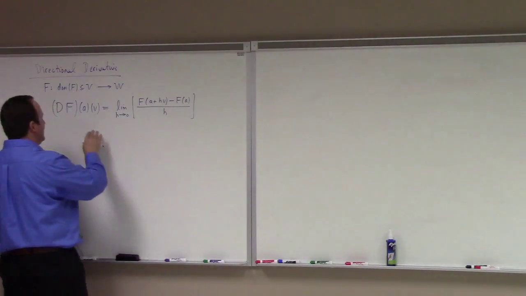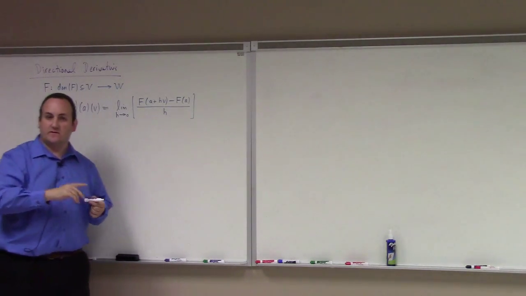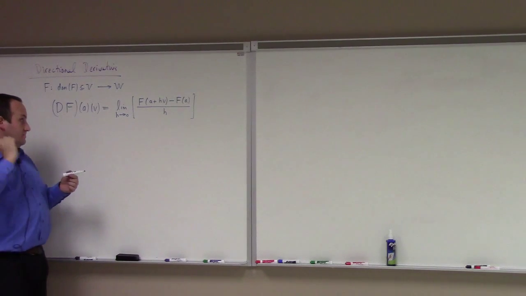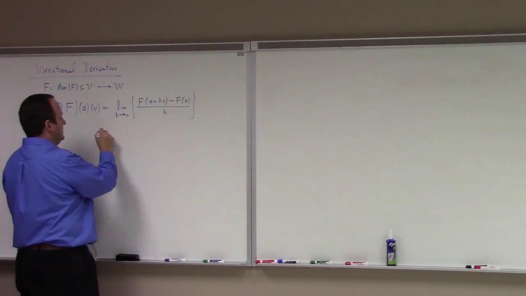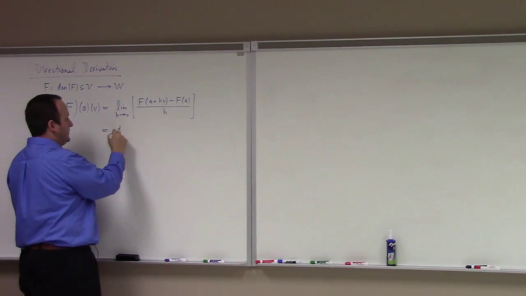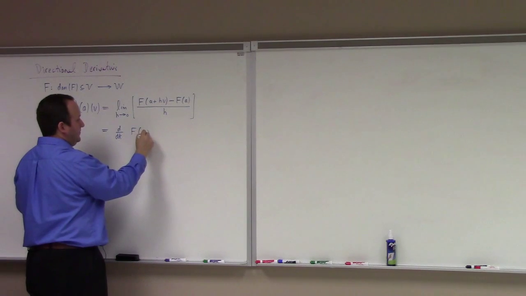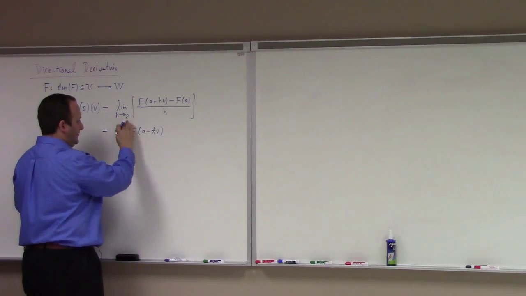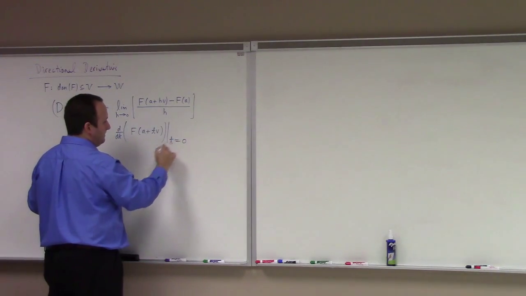Our larger purpose is to connect this directional derivative with the Frechet derivative that I just showed you at the start of class. All right? Now, what is this really? Well, another way to look at this is that this is the derivative with respect to time of f of A plus tV, evaluated at t equals 0.